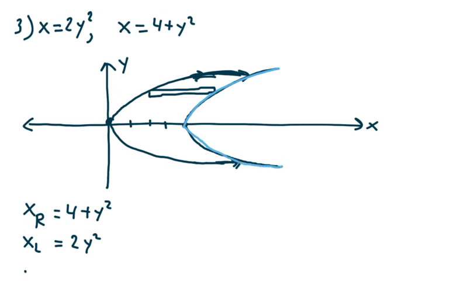Now, from this horizontal rectangle, that's going to determine the rightmost function and the leftmost function. So the rightmost function, x sub r, is equal to 4 plus y squared. The leftmost function, x sub l, is equal to 2y squared.